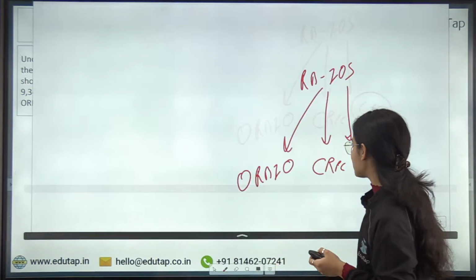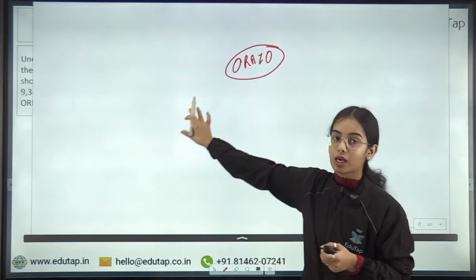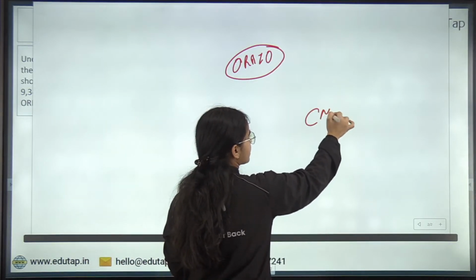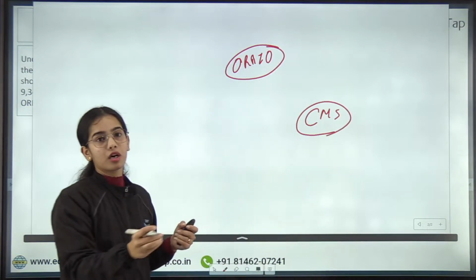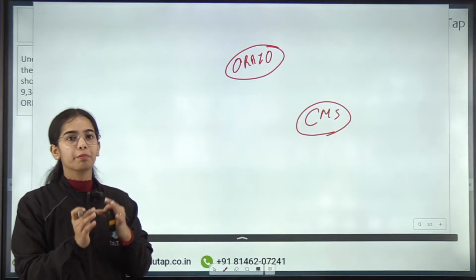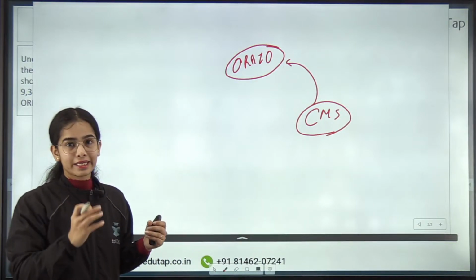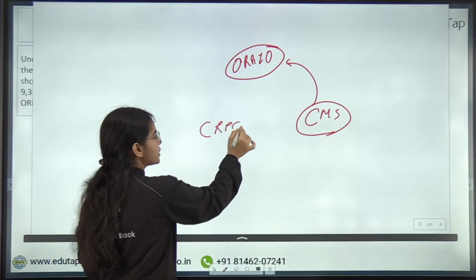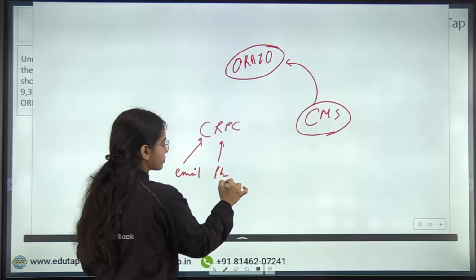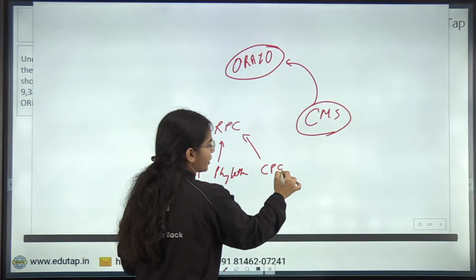Now, how do the offices of the Reserve Bank of India Ombudsman receive the complaints? This is what you have to understand. There is the CMS, the Complaint Management System portal of the Reserve Bank of India. This is the online portal of the RBI through which the complaint goes to the offices directly. Then there is the CRPC, the center in Chandigarh, that receives complaints by email, by physical letter, and also from CPGRAMS.